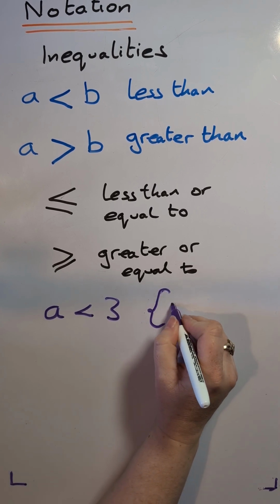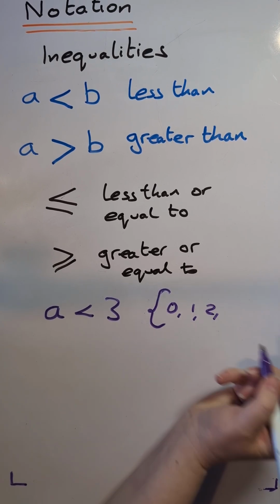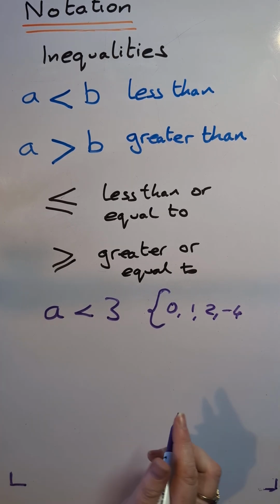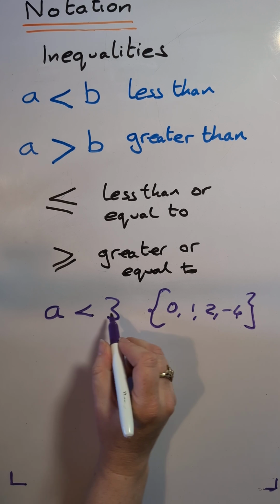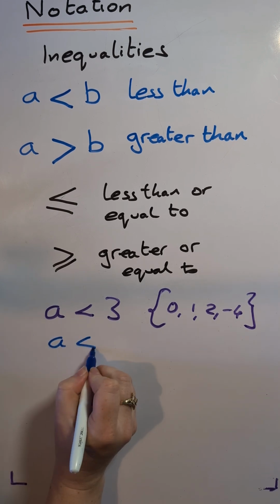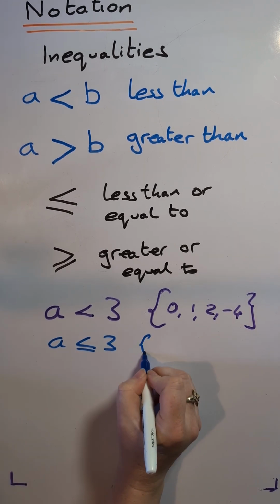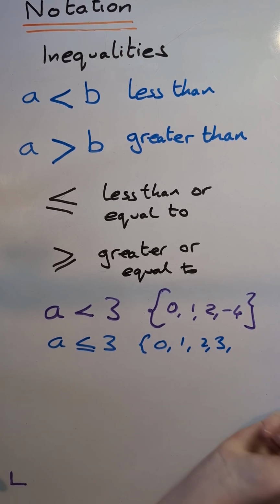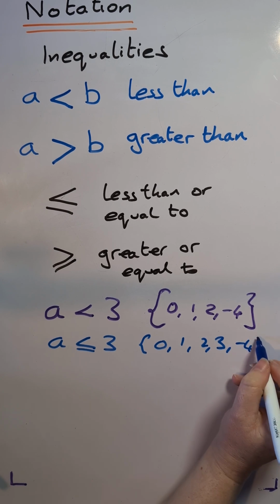It could be 0, 1, 2, could be -4, but it cannot be 3. If I had A is less than or equal to 3, then it could be 0, 1, 2, or 3. It could also still be -4.